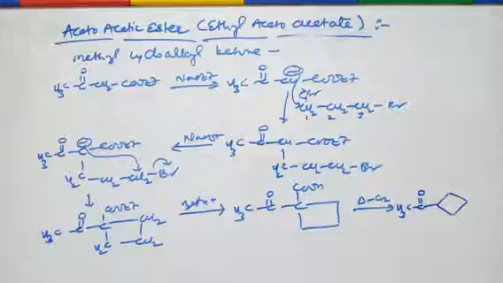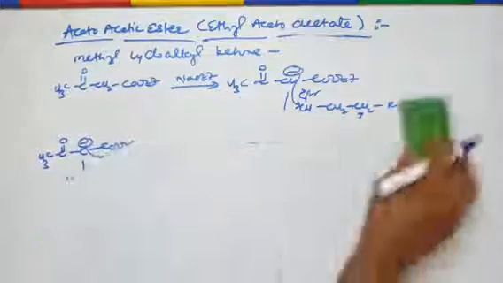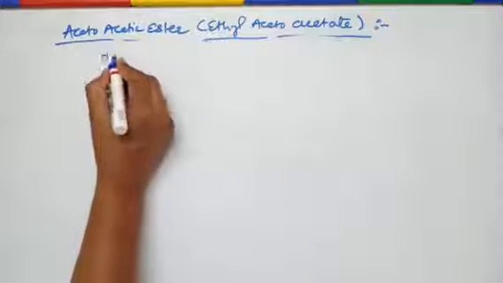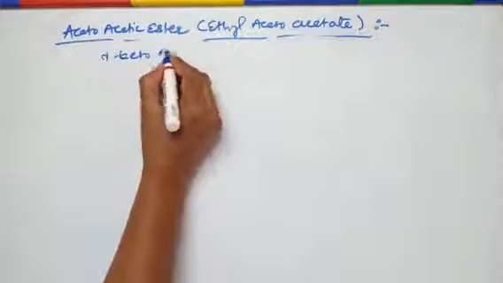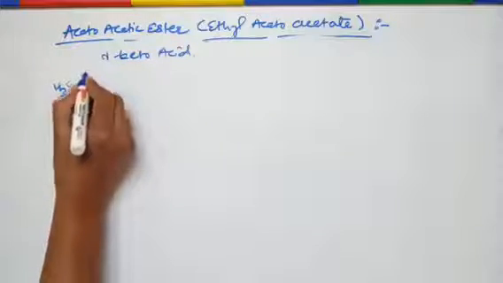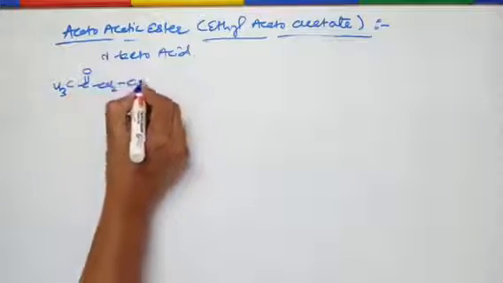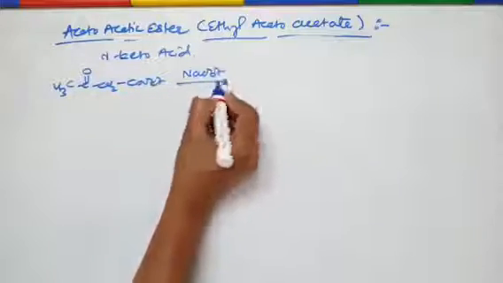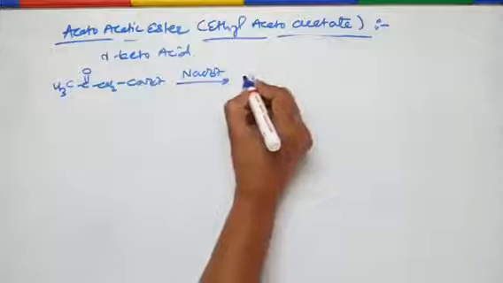Okay, now the next application is the synthesis of gamma keto acid. Here the first step is again the same: you have to generate the carbanion from ethyl acetoacetate, and then you have to treat that carbanion with the alpha haloester.